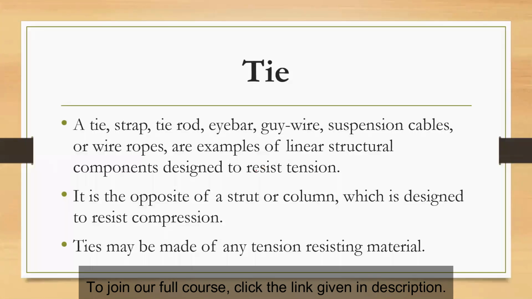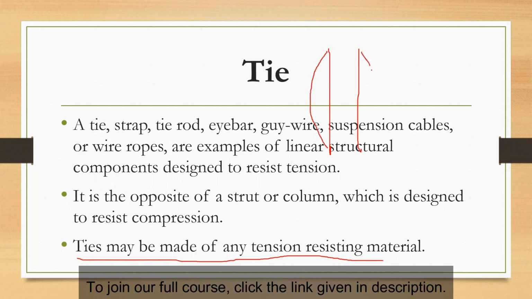Now let's go to the next point. So ties may be made of any tension resisting material. Why so? Because it is resisting the tension. So I will explain one more time. These bars would have been bent in this direction, okay, or in this direction. Then we provided the ties over here, and that's why these ties are holding this.